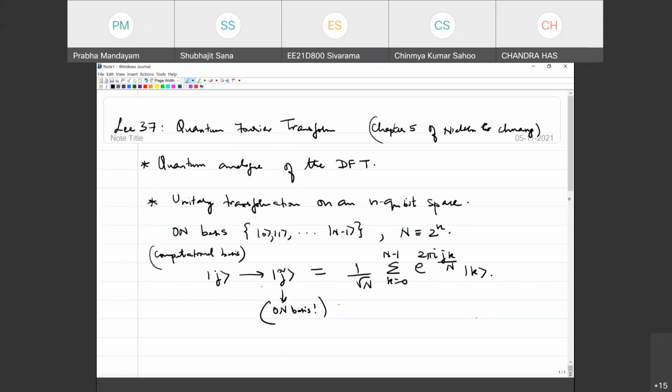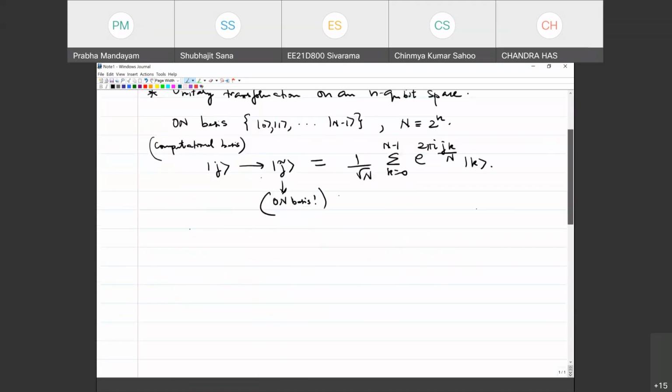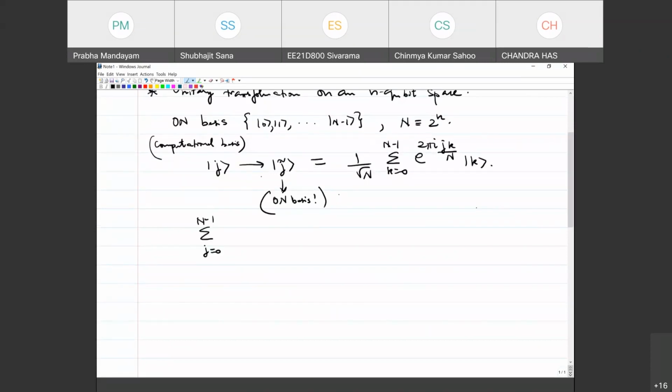So we saw how an arbitrary state would transform. Some arbitrary state psi, which is an n-qubit state with some set of coefficients, would go to the sum over k from 0 to N minus 1 of y_k |k tilde>, right?